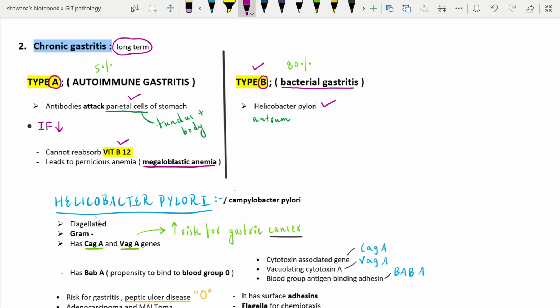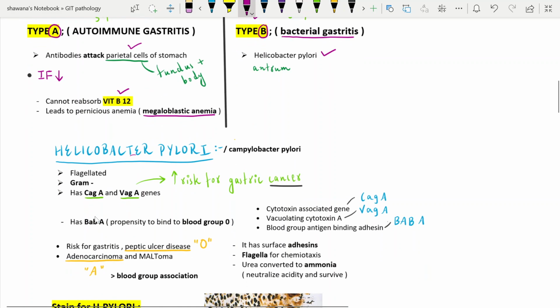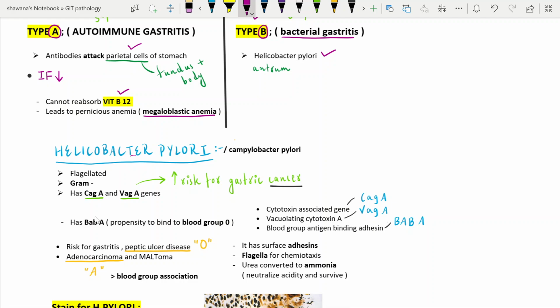Helicobacter pylori affects the antrum of our stomach, but in autoimmune gastritis, the part more vulnerable to attack is the fundus and the body of the stomach because parietal cells are more concentrated there. So Helicobacter pylori is like a villain in causing chronic gastritis, and it's most common among the population.